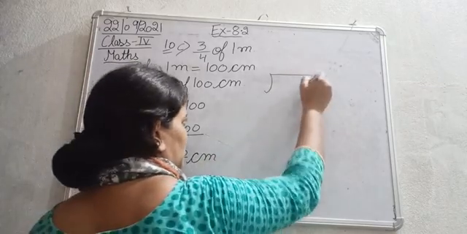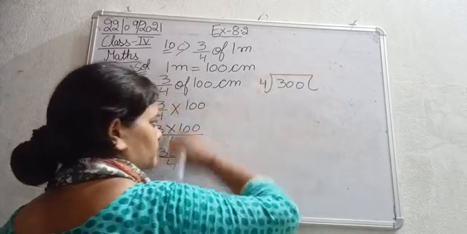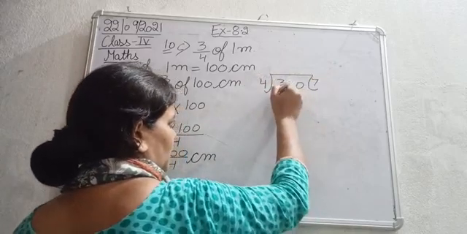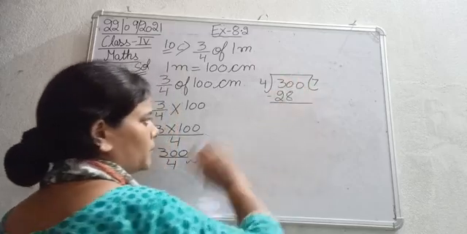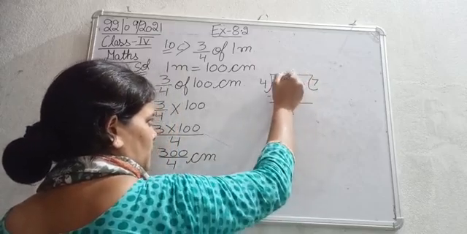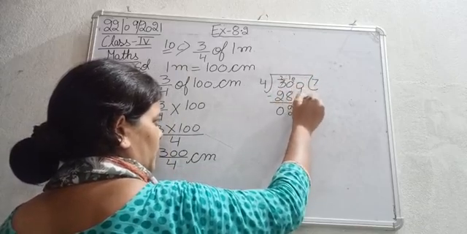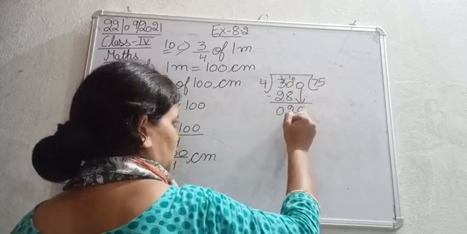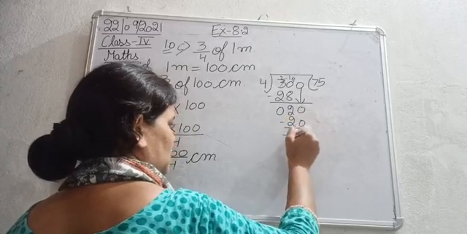Now let's do the division. Let's divide 300 by 4. 4 sevens are 28. 30 minus 28, or 10 minus 8, 2. Bring down the next number, that is 0. 4 fives are 20. 20 minus 20, nothing is left.